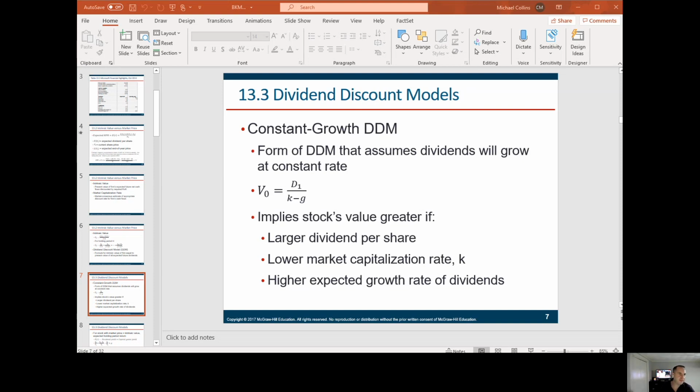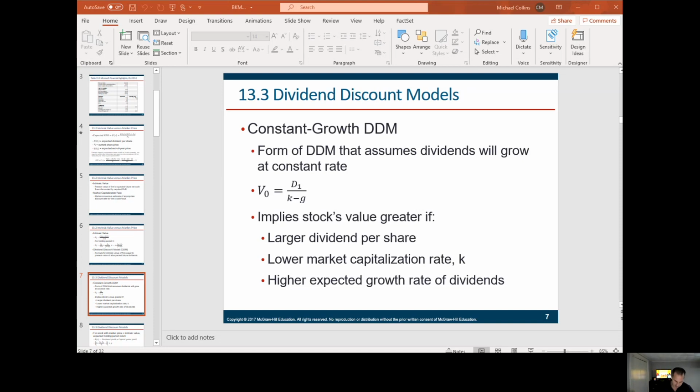Let me look this up, guys. Over the last 5 years, CVS has grown their dividend at 11%. So let's just assume they grow their dividend 11%.